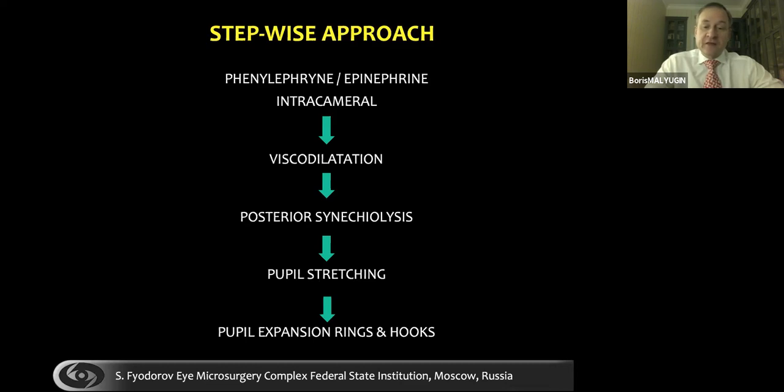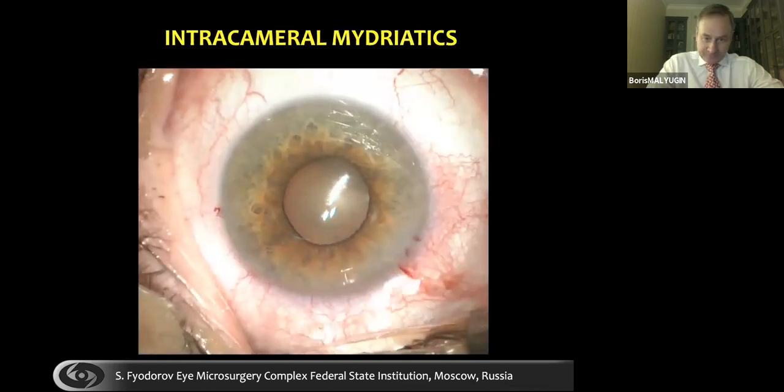After that, posterior synechiolysis can be done if posterior synechia exists. And if the pupil is fibrotic, we need to stretch it in order to expand it, and then we need to decide about pupil expansion rings and hooks.